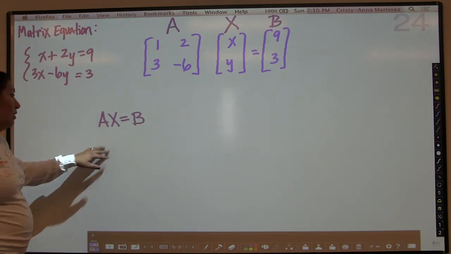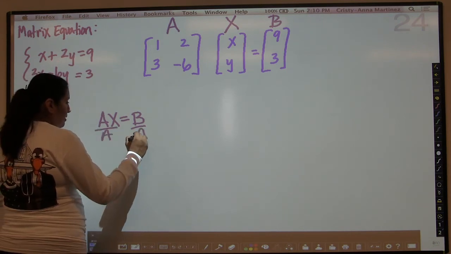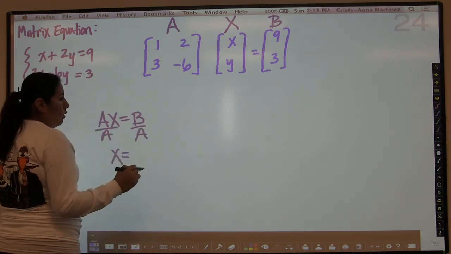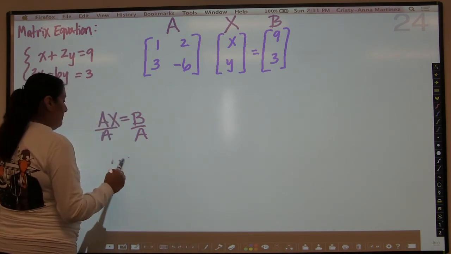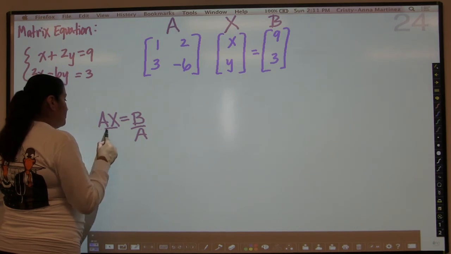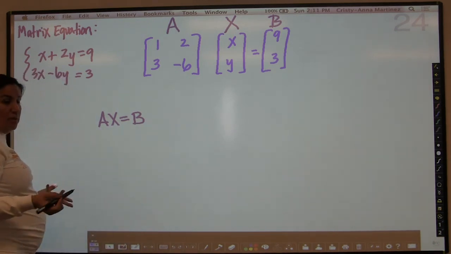In fact, most of you probably want to go, oh, let's just divide by A, and then that'll be my answer. Well, kind of. You can't divide matrices. You can multiply matrices, but you can't divide them. Division of matrices is undefined. It's not something that we do.